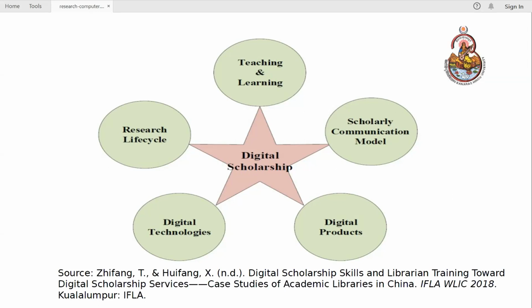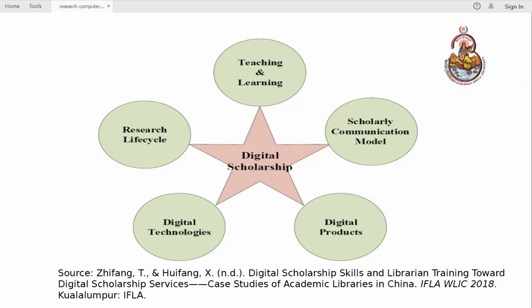Talking about scholarly communication, as I told you, it simply means communication among the scholars. It may happen in many ways: through research journals, books, conferences, seminars, symposia, webinars, or classroom lectures, which we are doing now.